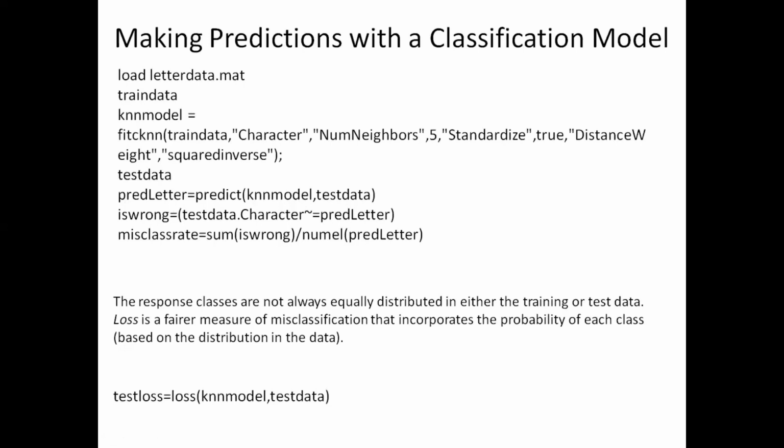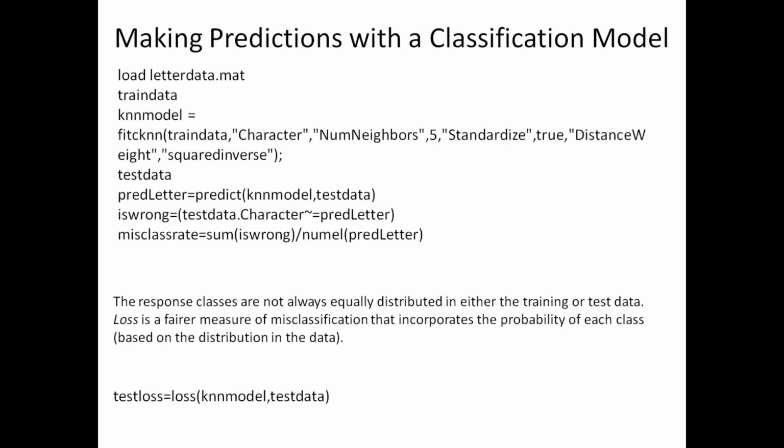So next we calculate the misclassification rate. We have already seen how to calculate this misclassification rate. It is defined as the number of wrong responses divided by the total number of predictions made. There is one more performance parameter that you can measure, that is the loss of the model. It is a little bit better measure than the misclassification rate.